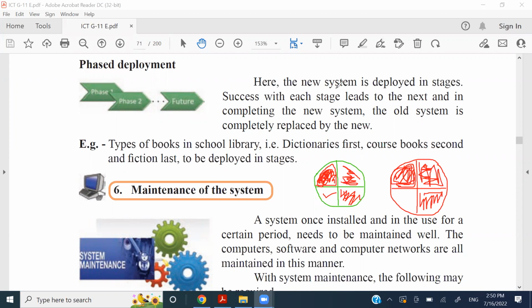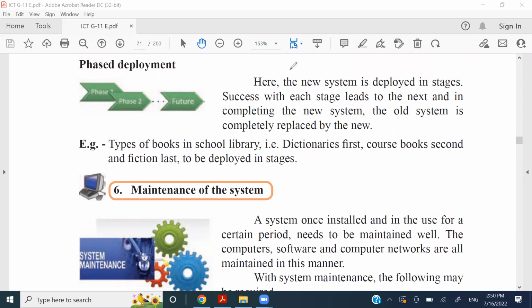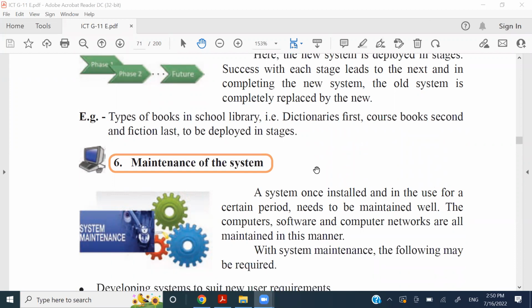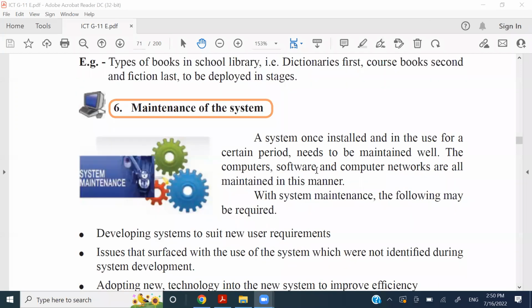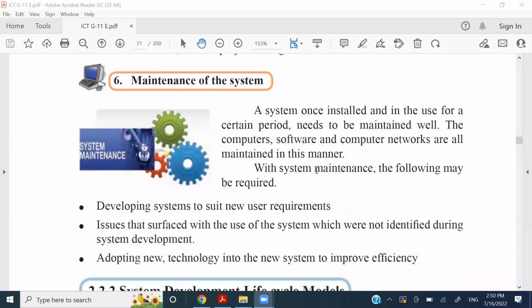Great. As the last part, the maintenance of the system is there. That is the very last phase of the SDLC. System maintenance will be required in these kinds of situations: developing the system to suit new user requirements.